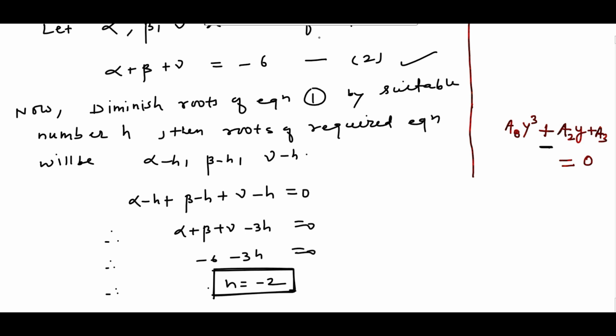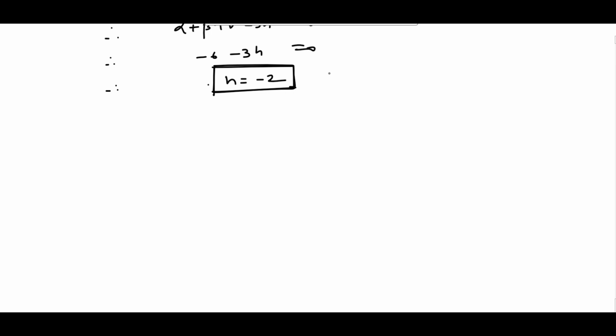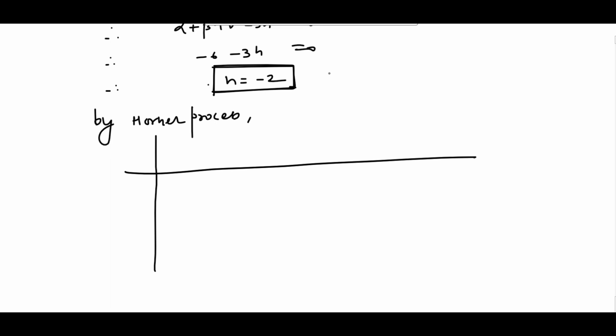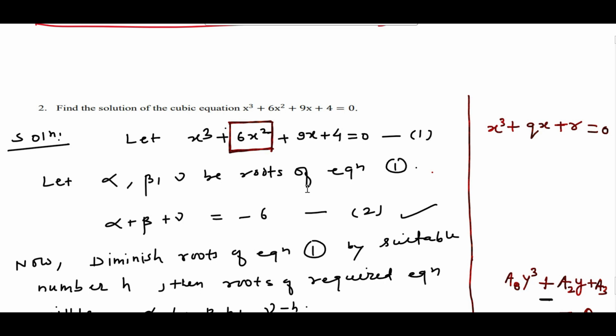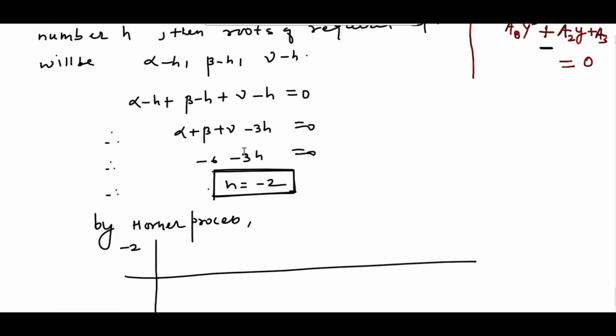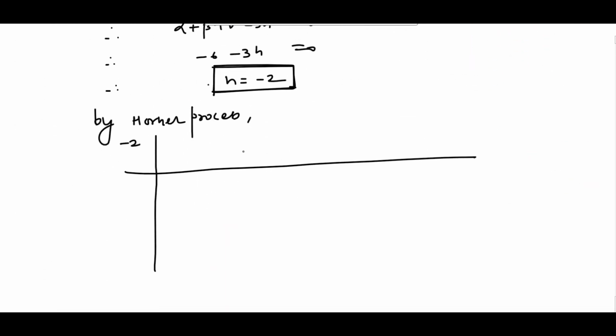So now further, by using the Horner process method, or we can use the synthetic division method, with negative 2, write all the coefficients in standard form. The coefficients are 1, 6, 9 and 4. That is 1.